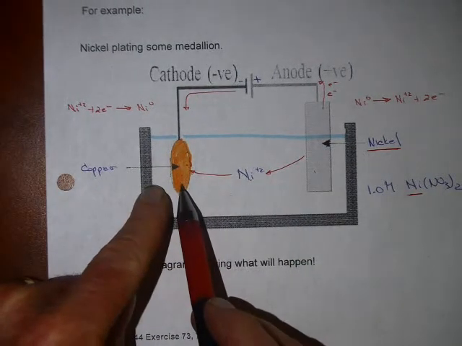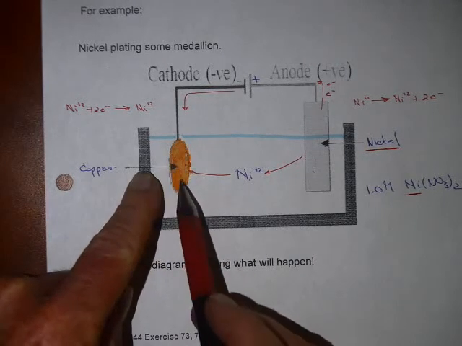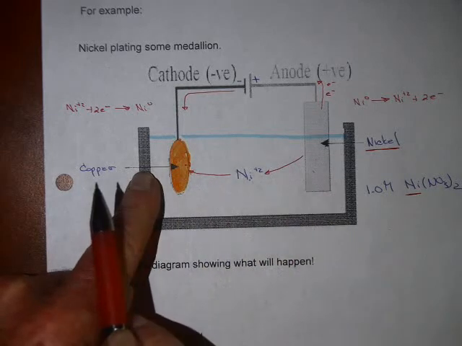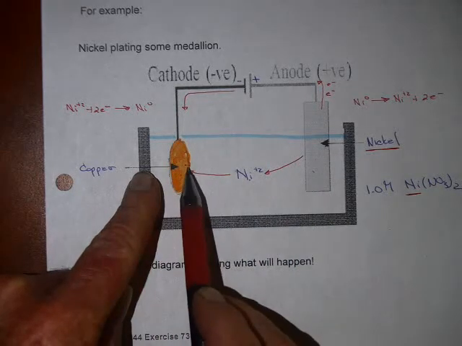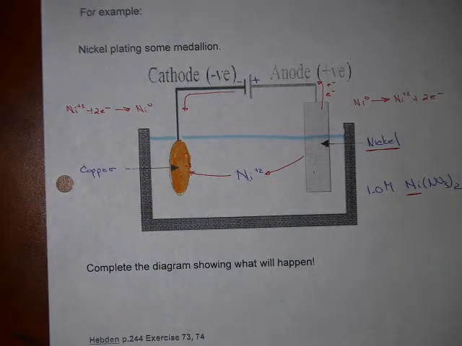It just continues to go. Okay, so you could plate it until it's completely coated, and then say, okay, time to turn it off. I'm going to save the rest of the nickel for another rainy day, and that'd be fine. But if you continue to plate, it'll just keep on going. Okay, so that is electroplating.